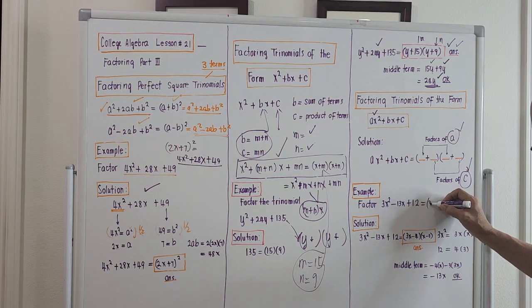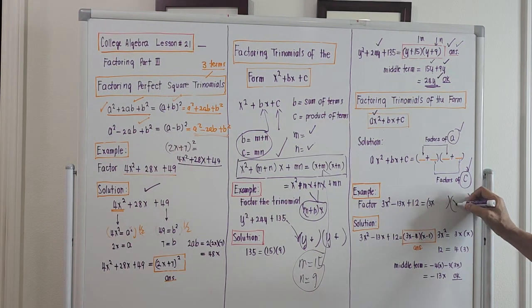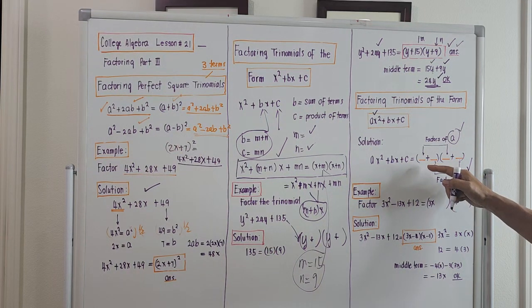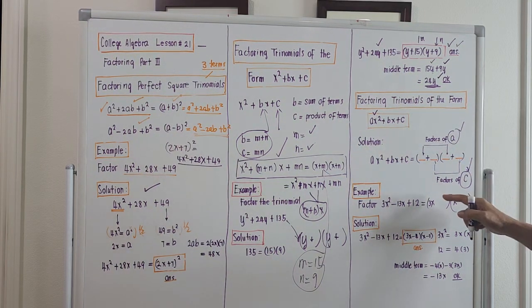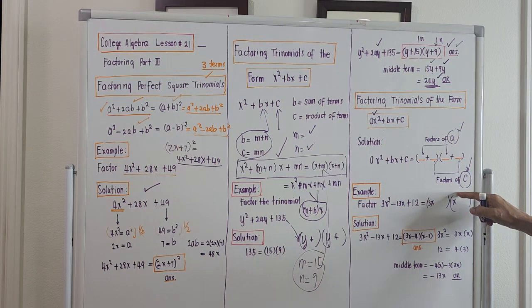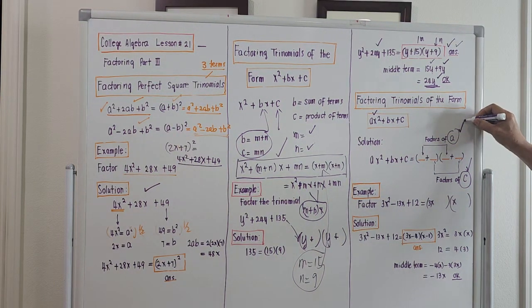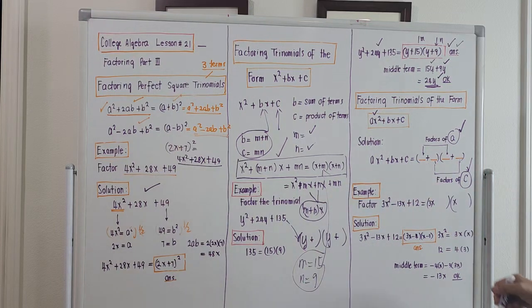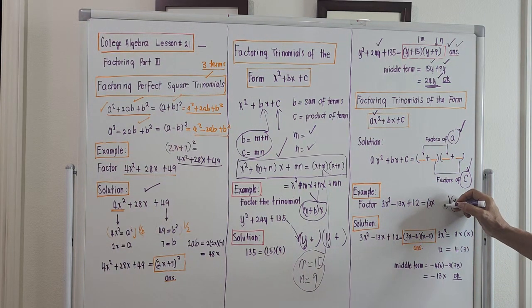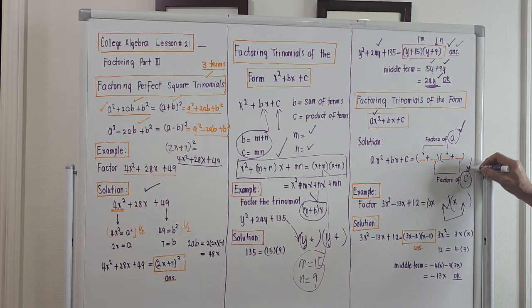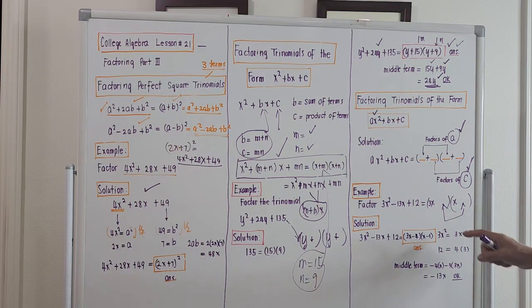This could be 3x and x. That's why we place it here that the product of these should represent a, and the next two here should represent the value of c. So actually, we'll do it like this.